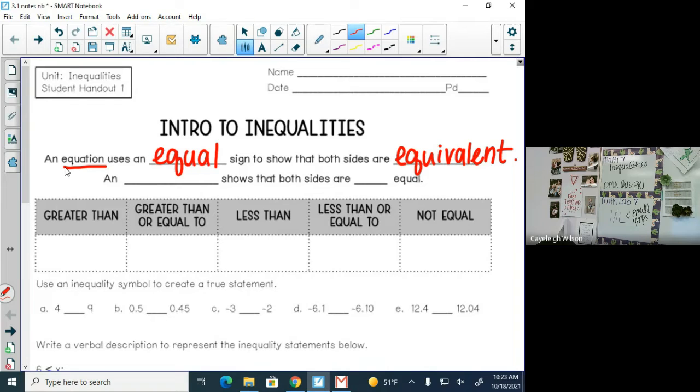But an inequality does not have an equal sign. It has an inequality symbol. And it has that because both sides are not equal. So an inequality shows that both sides are not equal. Because if they were equal, then it would be called an equation. So that's why they're not going to be equal.